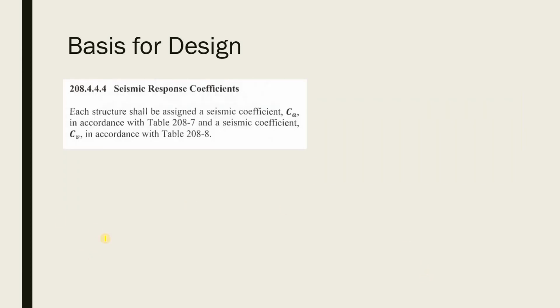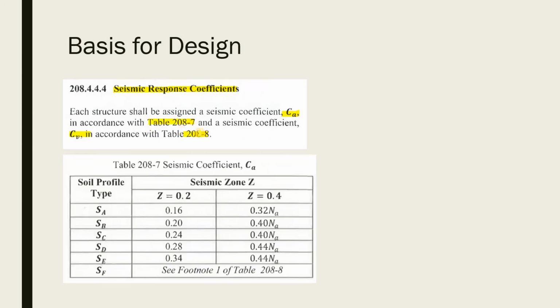Okay, so we have here now, kanina the near source factor, now we have the seismic response coefficients. So we have the C sub A and then the C sub V from table 208-7 and -8. Okay, so seismic coefficient C sub A, dapat alam natin yung ating soil profile type. Alam natin kung saang zone tayo.